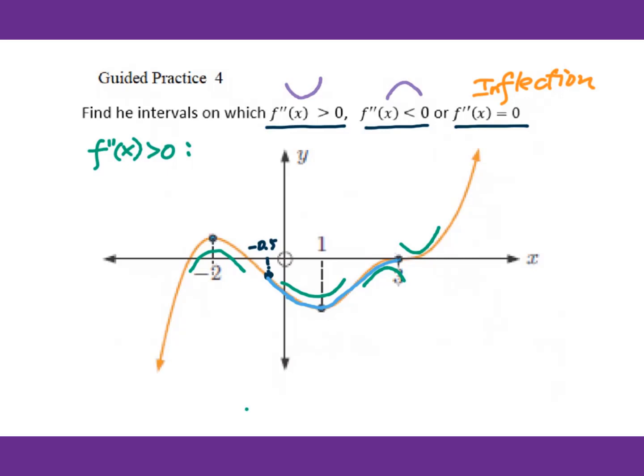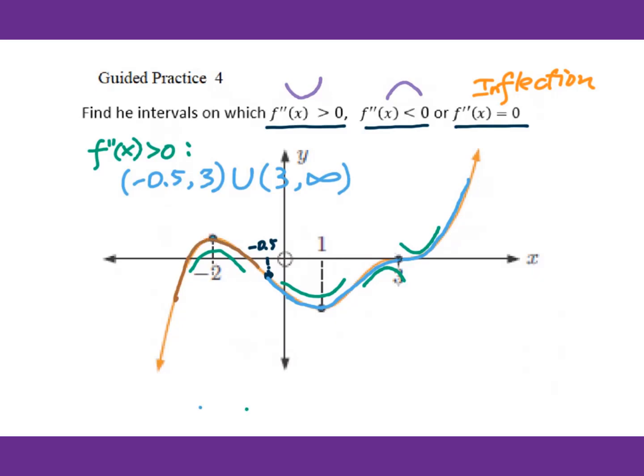Also, it's from 3 to infinity. Therefore, we can write down negative 0.5 to 3, and also from 3 to infinity.